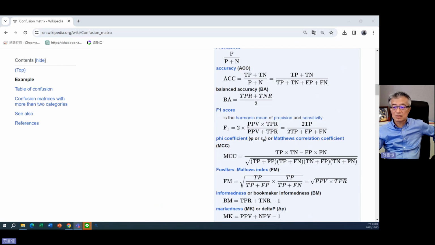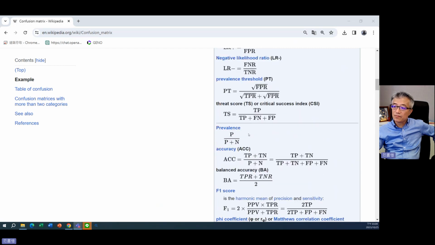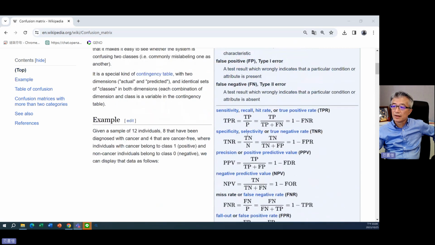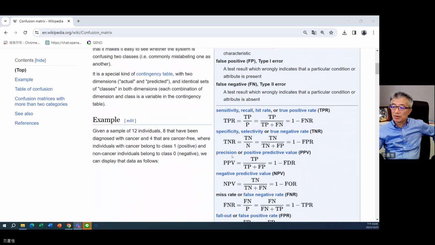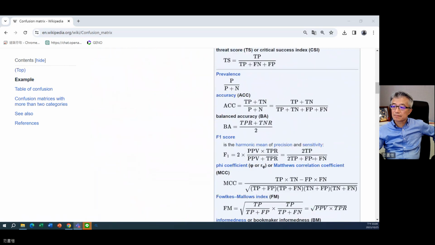This is called the harmonic mean: 2 times the precision, PPV, times the true positive rate, the sensitivity or the recall, divided by the precision plus sensitivity or recall.